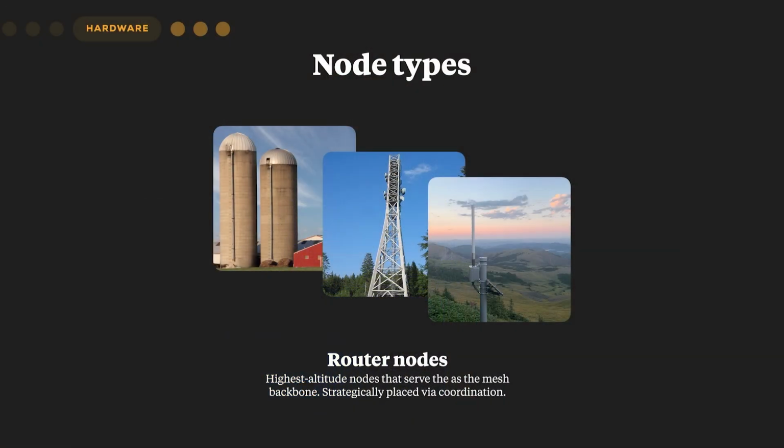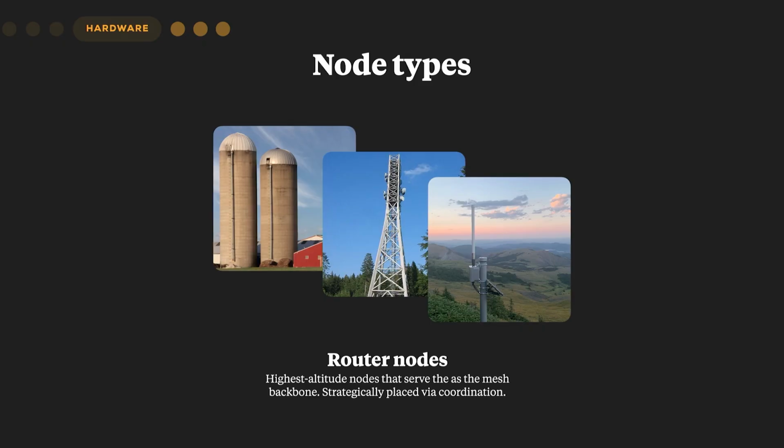And then the last thing I'll mention for node types is a router node. And this is a specialized device role. I talked about device roles a second ago. And this is something that's really carefully and deliberately placed in a mesh environment or in a mesh region. And this is where a community like MSP Mesh really shines. So community members can find the most optimal places for these router nodes.